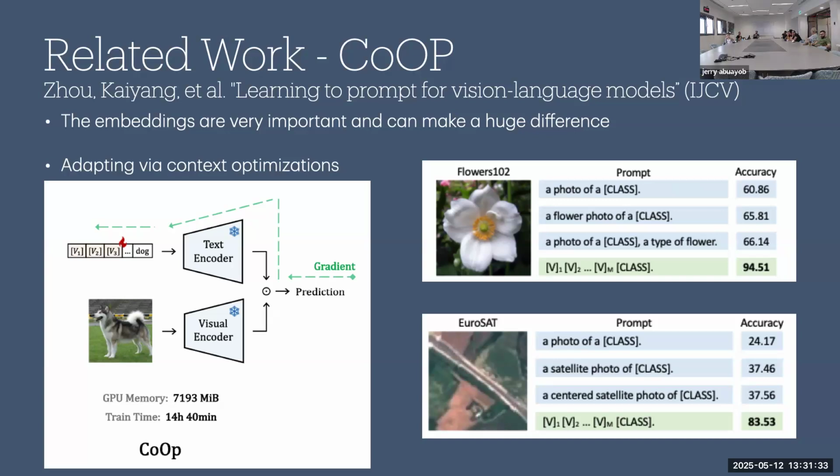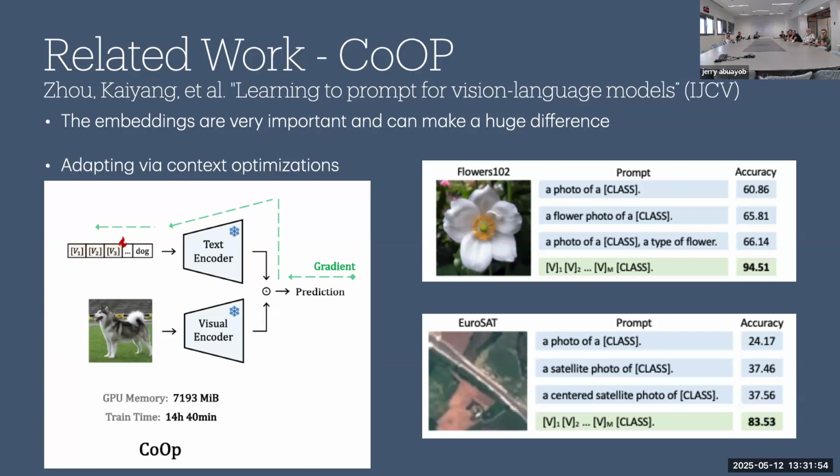Okay, so the task now is basically a classification task, right? So we use the cross entropy loss and minimize that for the task. But the problem here is that the gradients have to flow backward through the entire text encoder in order to get to the token and learn it.